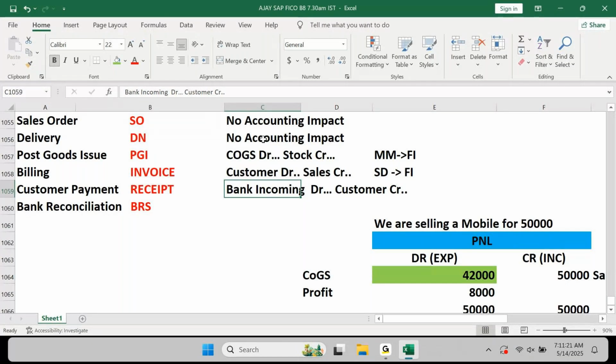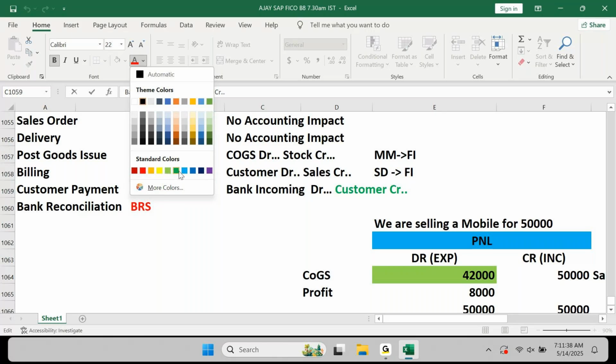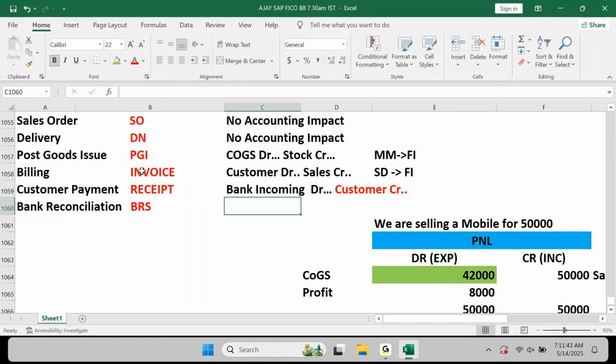You are crediting the customer because you debit the receiver and credit the giver. Who is giving the money? Customer. Here the customer is on the credit side, and here the customer is on the debit side.